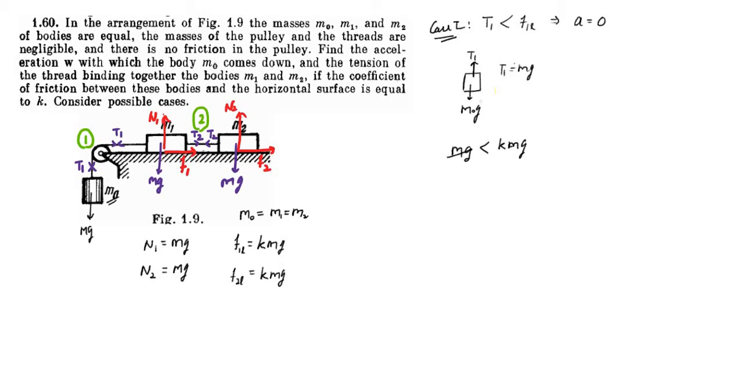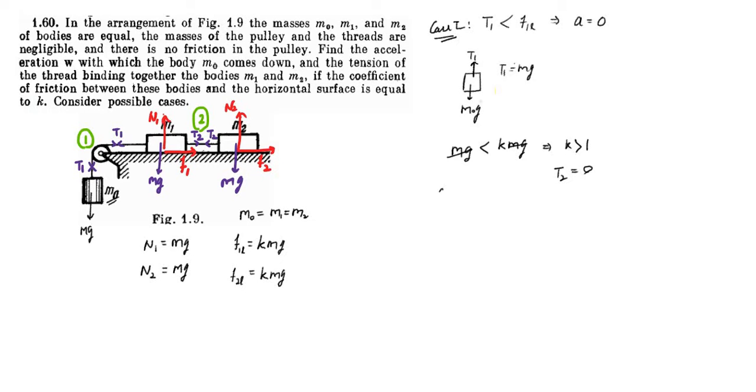So mg and mg will get cancelled and we will get k should be greater than 1. If k is greater than 1, in this case, T1 is not sufficient to overcome the maximum friction force between M1 and ground. So T2 will not appear. In this case, T2 will be equal to 0.